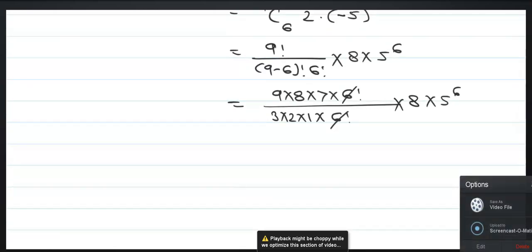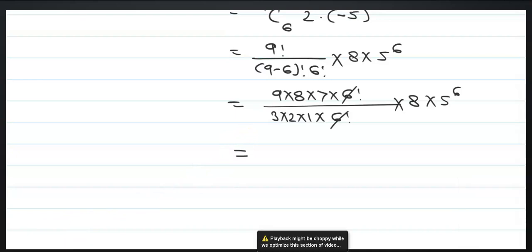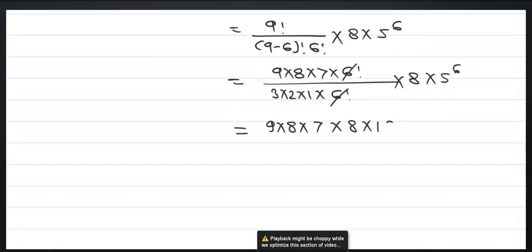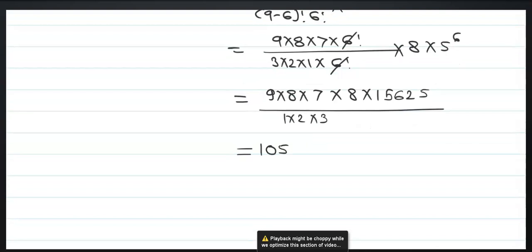This gets cancelled. 6 factorial gets cancelled. 9 into 8 into 7, 8 into, that is 5 raised to 6, 15,625. Now perform the calculations.